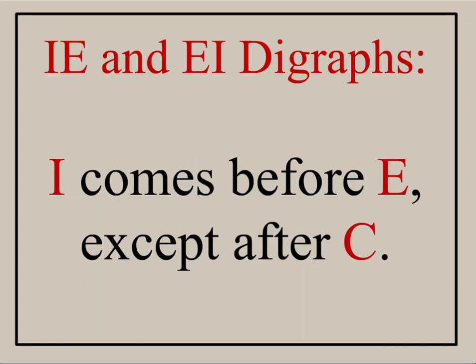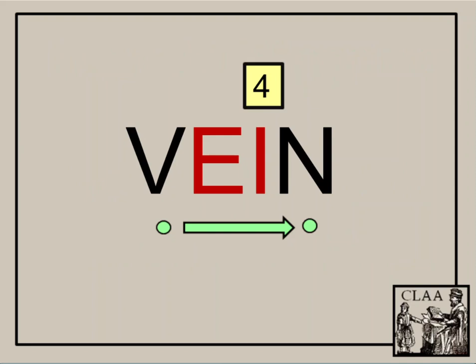These two digraphs, IE and EI, are related. What we find is that I comes before E. Look carefully at this English word. You can see that it has the digraph EI. But the EI does not come after the letter C. This is a different digraph that makes a different sound.